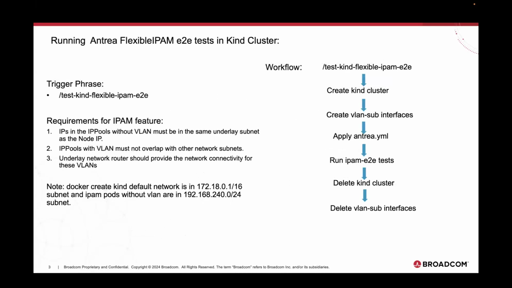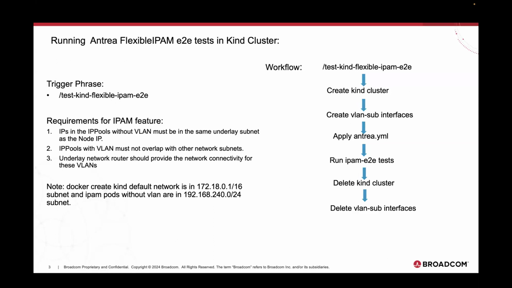Now, running the Antrea flexible IPAM E2E test in a kind cluster. Here we have a trigger phrase for this job. If someone wants to run the flexible IPAM E2E test with their GitHub PR, they can trigger this test using the test kind flexible IPAM E2E trigger phrase on the PR.